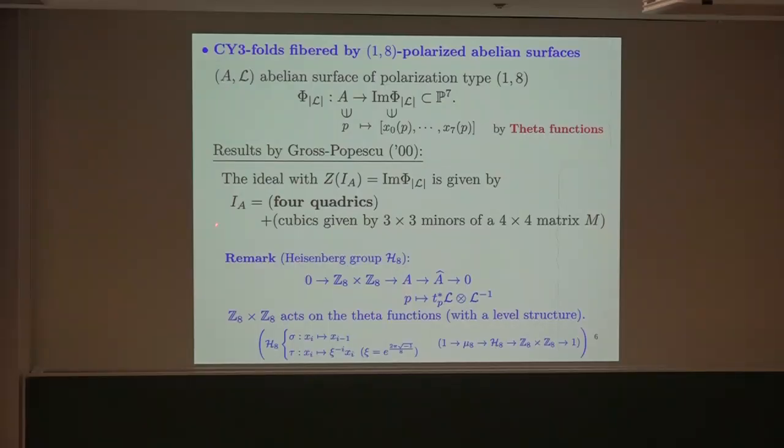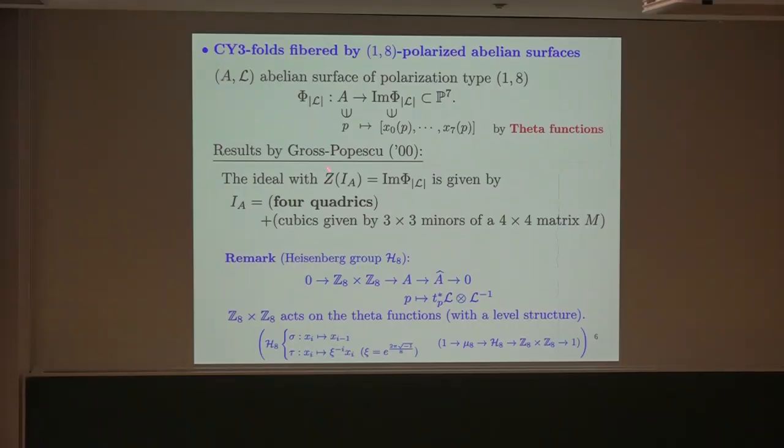So it is a little bit detailed, but I will use this property soon, so I explain it here. The point is that we think about the embedding problem of the abelian surface into projective space in terms of theta functions. Because of theta functions, in this setting, there is a natural action of the Heisenberg group appearing in this embedding problem.